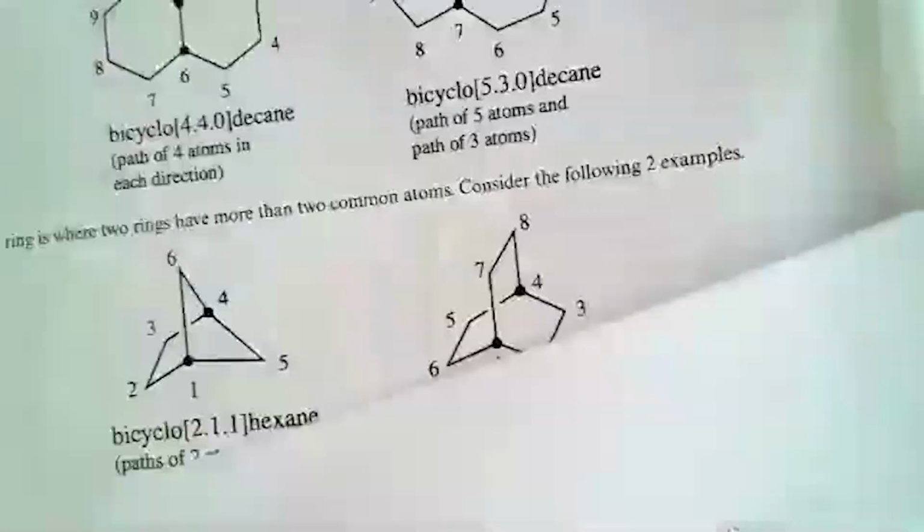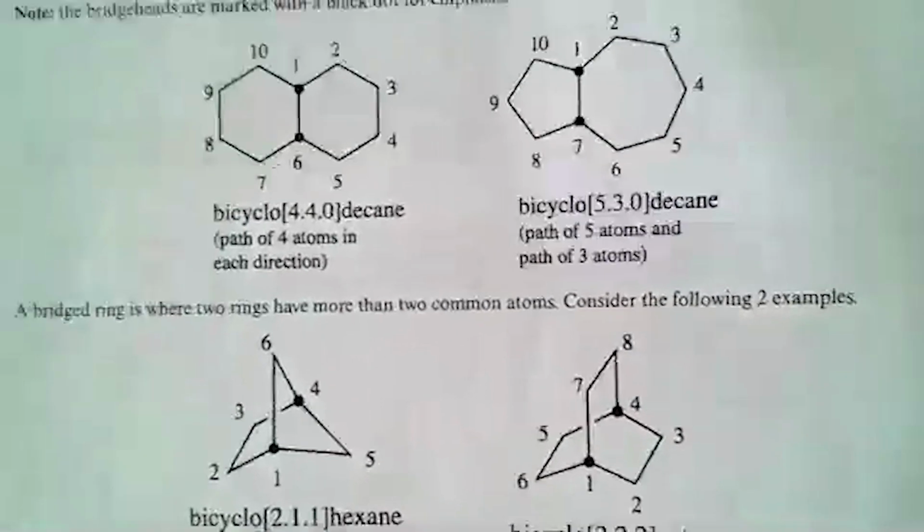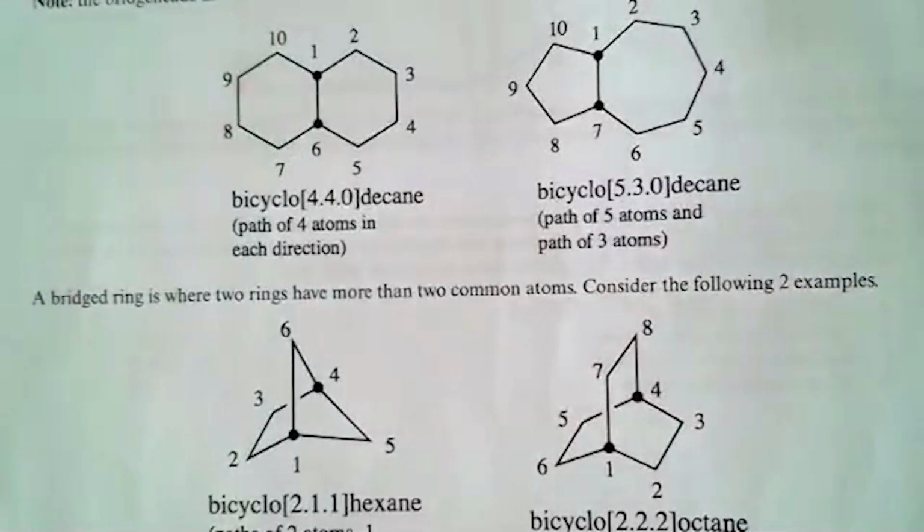Okay, and then you looked at this problem, and it starts with giving the rules for how to name bicyclic compounds. And you may wonder, why are we even looking at this? Who cares?